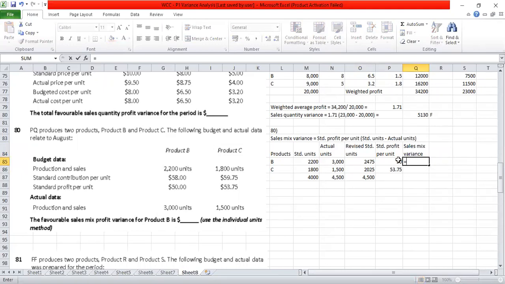The variance is equal to the profit into the difference. Is it favorable or adverse is what we have to look into. The actual units are more than the standard units, so this would be favorable.